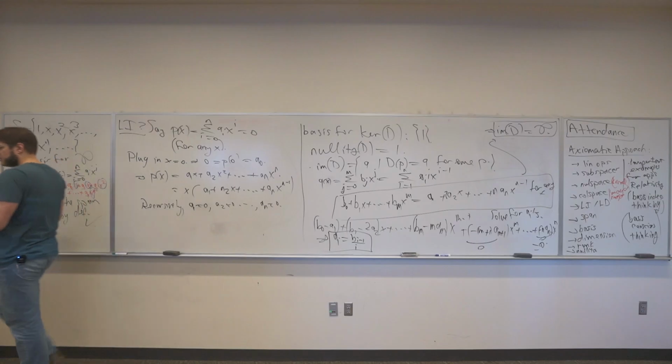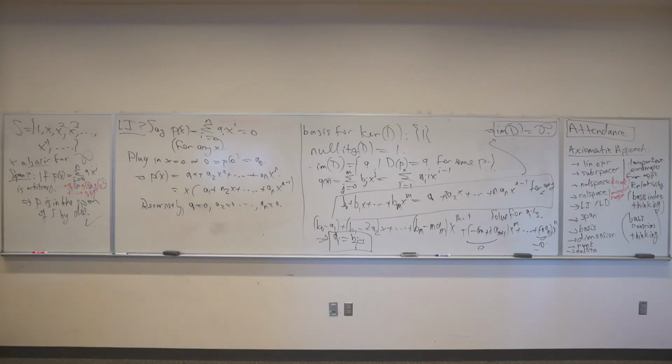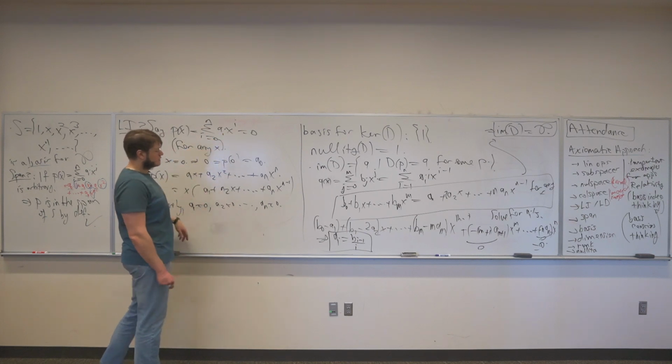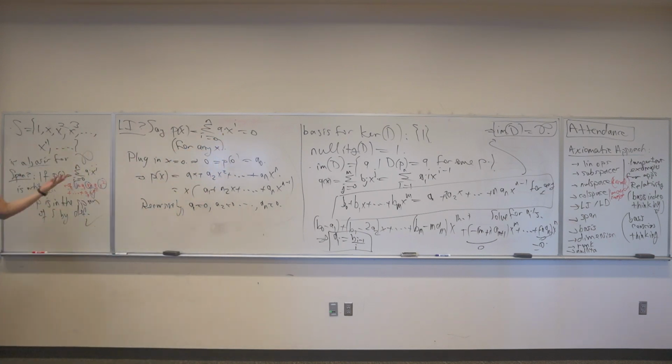Which finally allows you to conclude that this linear combination of x to the i's that ended up being the 0 vector was nothing but the trivial linear combination where all coefficients are 0.